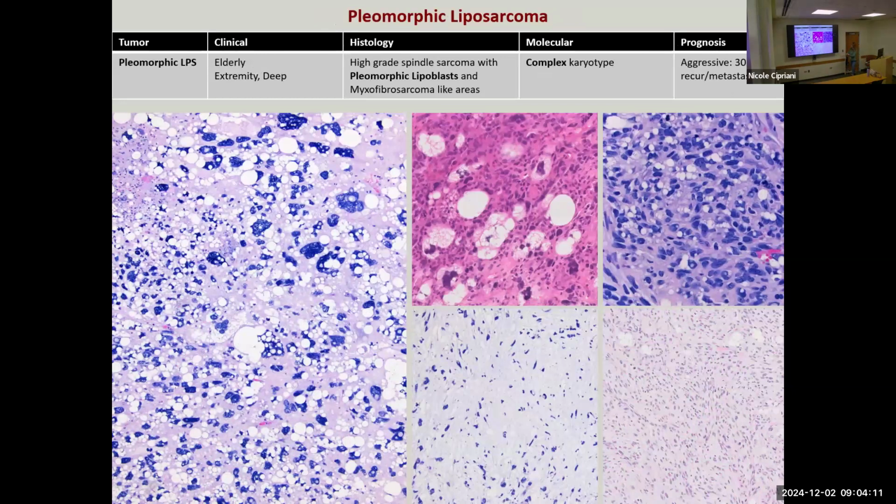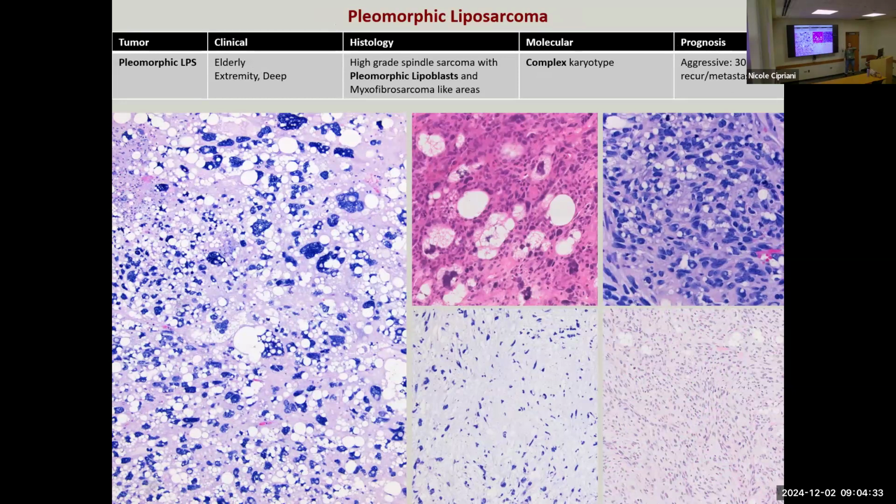Lastly, pleomorphic. Also generally in the trunk and extremities, but now of older people. Super nasty, nasty lipoblasts. This is not a diagnostic problem. You have tons of spindle cells, tons of mitoses, tons of these pleomorphic lipoblasts. Sometimes they're signet rings, sometimes they're multivacuolated.